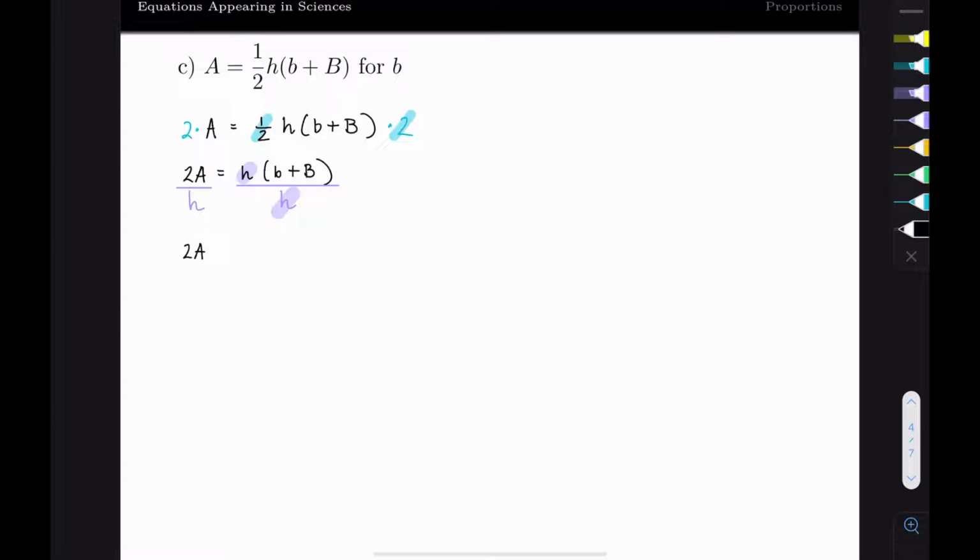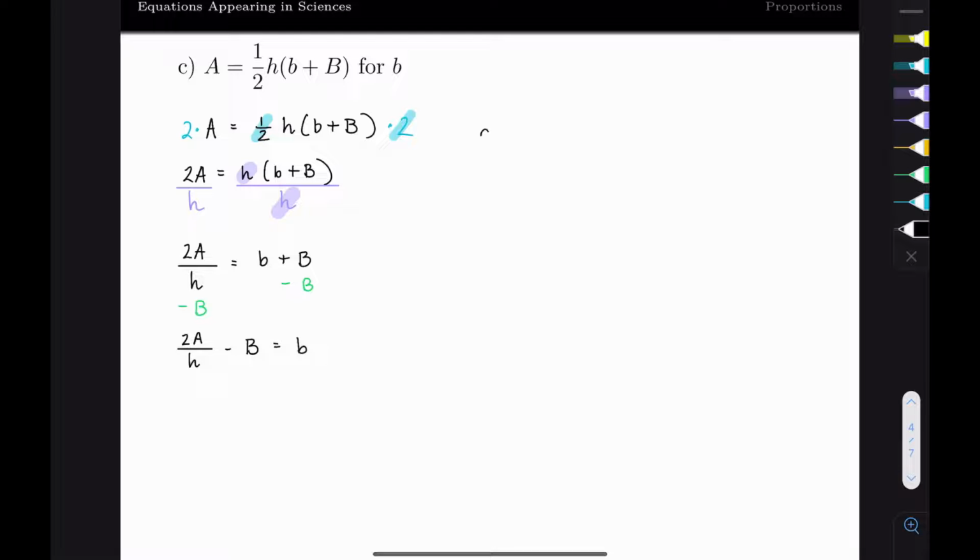On the left, we have 2a over capital H is equal to little b plus big B. And then from here, we need to subtract b. Unfortunately, on the left, you can't actually do that subtraction. So it's 2a over h minus capital B equals little b. Okay. So that's one way you could do it.